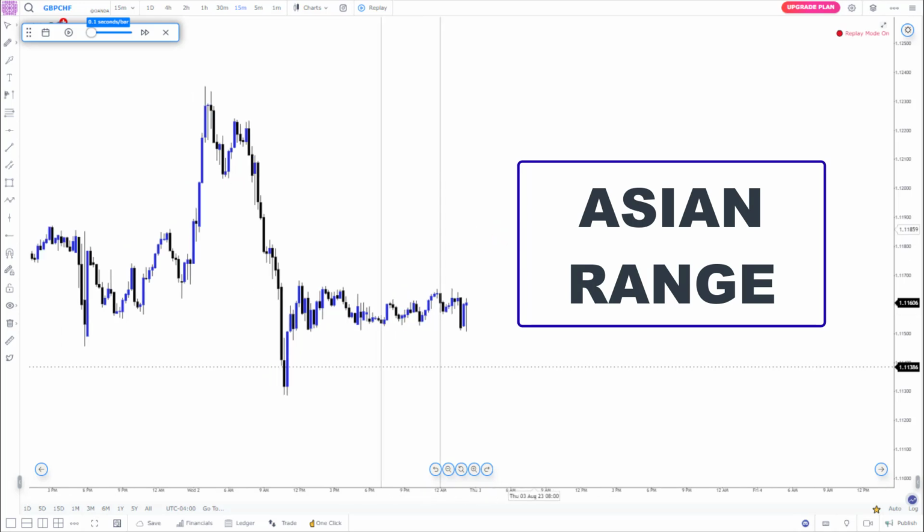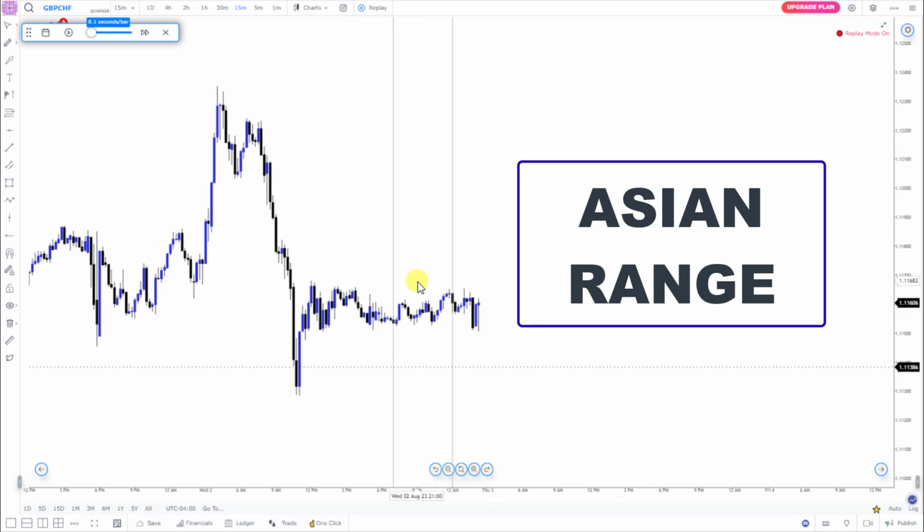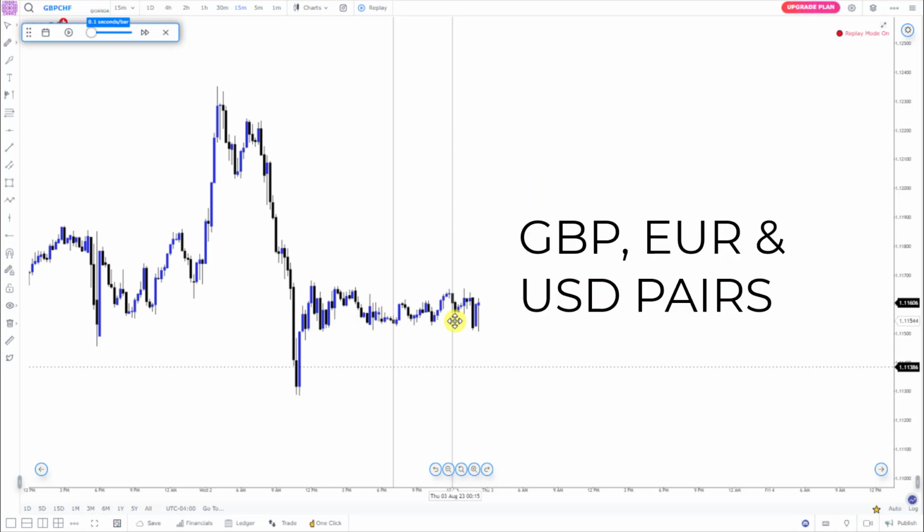If you open your price chart and you spot the Asian range and it doesn't have an accumulation like this, you have to avoid that pair for the day and don't trade it. So the pairs you're going to focus on are the GBP pairs, the Euro pairs, and the USD pairs.